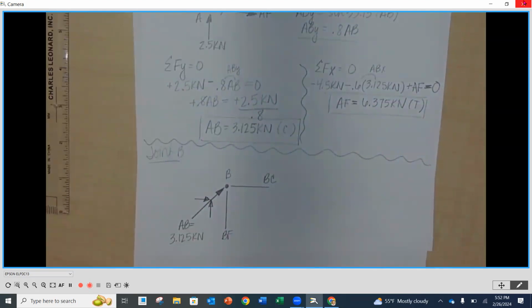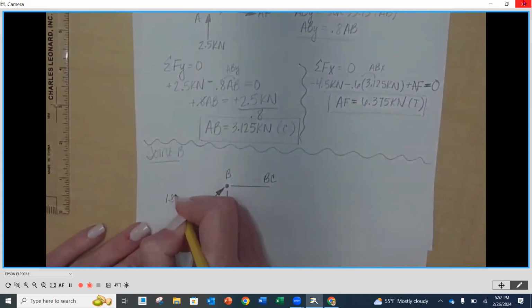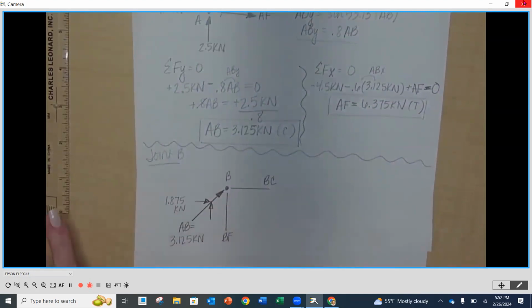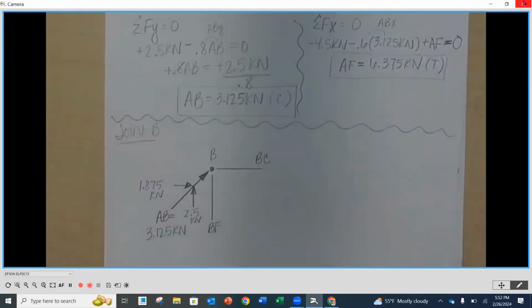So I'm going to take 3.125, multiply it by 0.6, and that is going to be my X component, 1.875 kilonewtons. And then my Y component is going to be 3.125 times 0.8, which is going to be 2.5 kilonewtons. Okay. And those are definitively known.